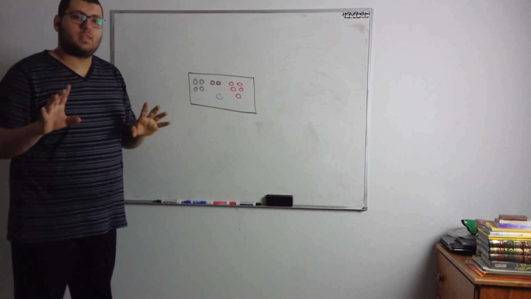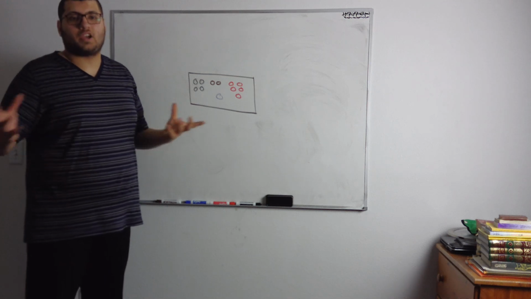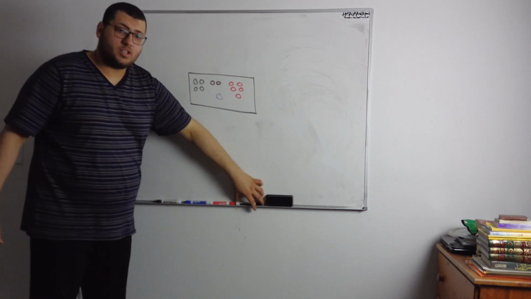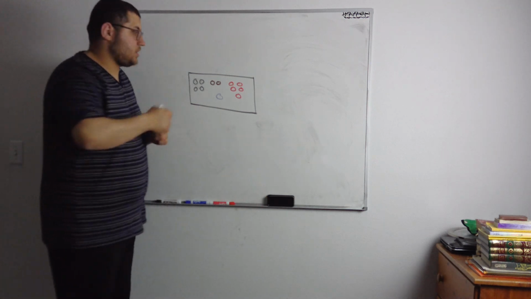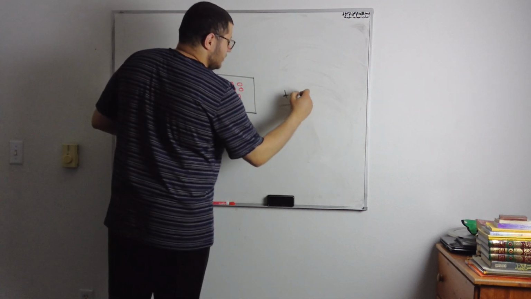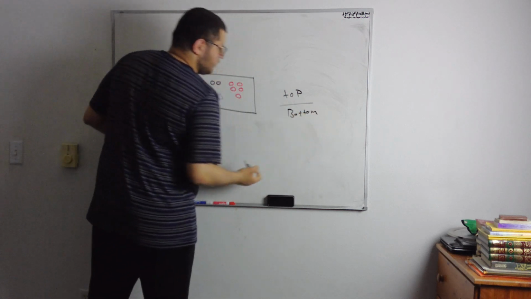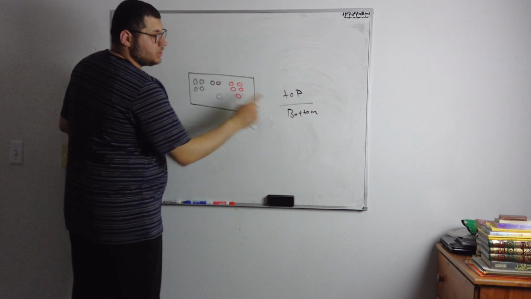Remember we said that probability is represented as a fraction. The fraction has a numerator on the top and a denominator on the bottom.